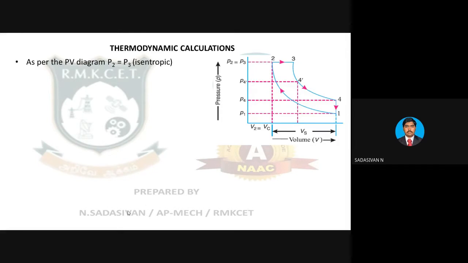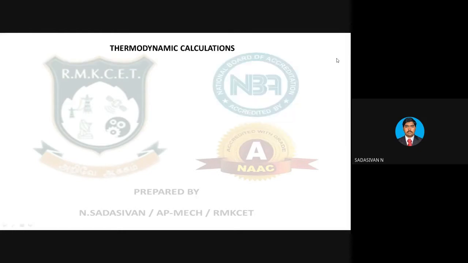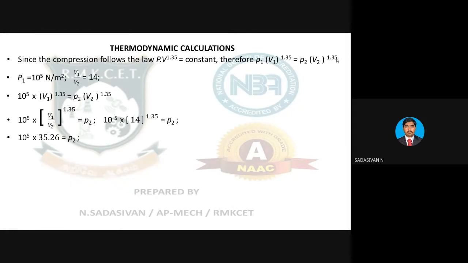As per the PV diagram, if you look into the diagram now, the diagram is very important here. It's not an assumption. As per my PV diagram, the pressure P2 equals P3 because it happens in a single process. The question is specifically telling you. Let's go back to the question.